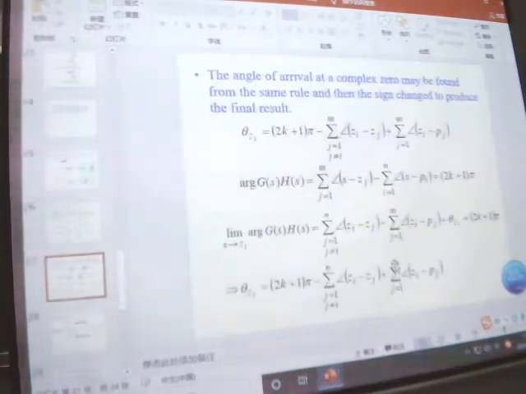Now, the angle of arrival at a complex zero may be found along the same rules with the sign changed to produce the final result. And this is the angle of arrival at a zero.